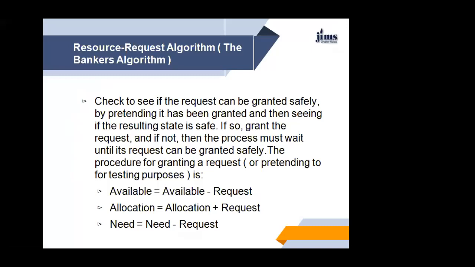So if the resulting resource allocation state is safe, the transaction is completed and the process is allocated its resources. However, if the new state is unsafe, then the process must wait for the request, and the old resource allocation state is restored.